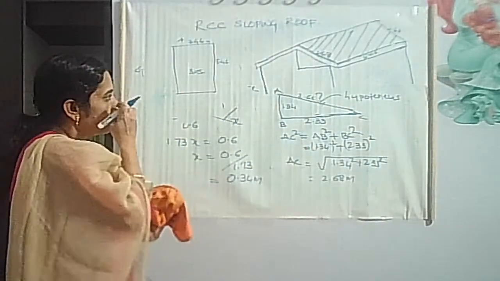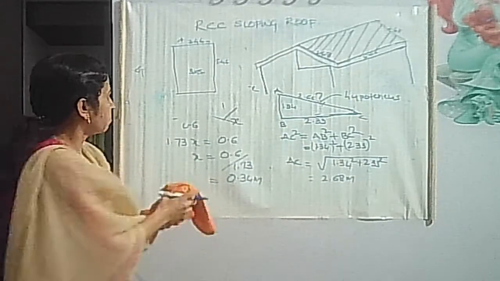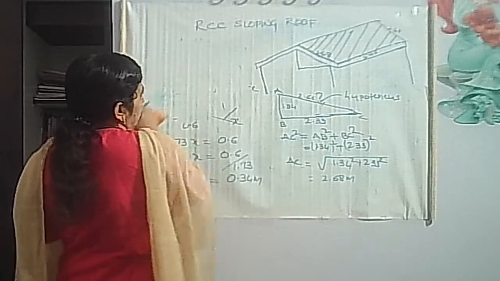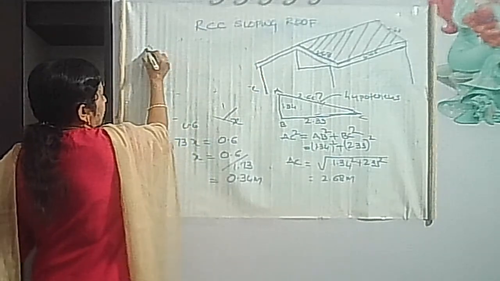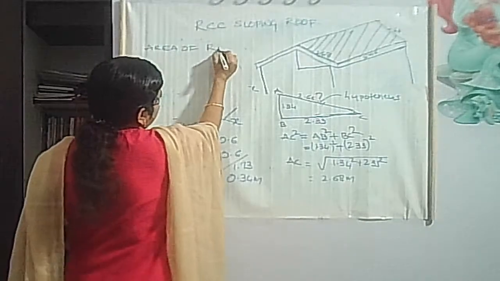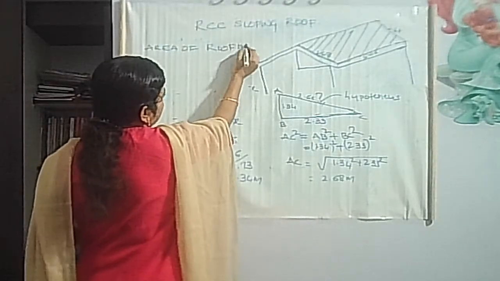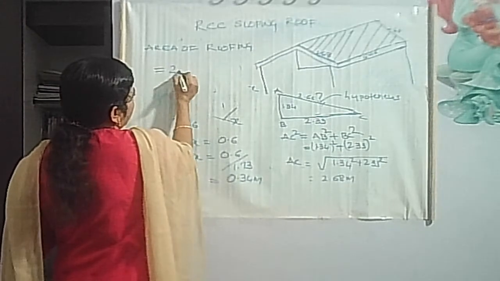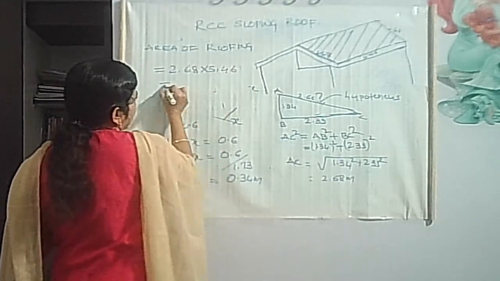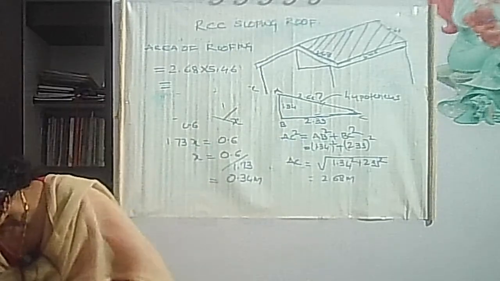Okay. So, the area of the rectangle will be, so area of roofing is equal to 2.68 into 5.46, that is equal to, again we have to use the calculator.